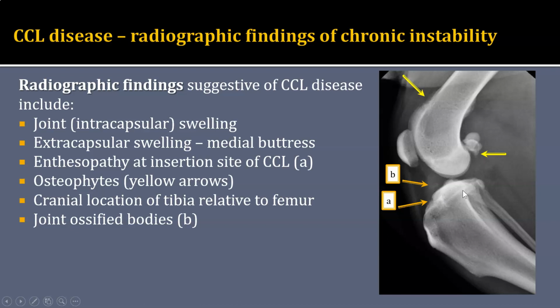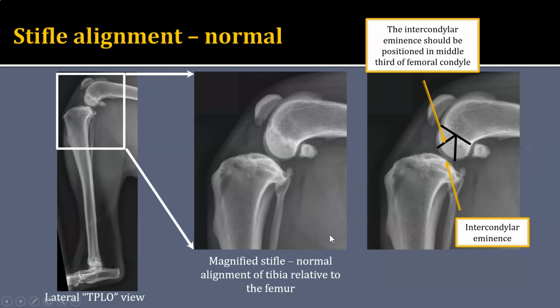The other soft tissue that is within the joint of the stifle is the menisci, and sometimes the menisci can have dystrophic mineralization, and we'll see those as ossified bodies.